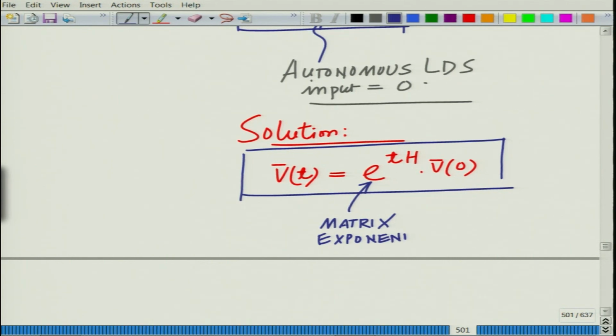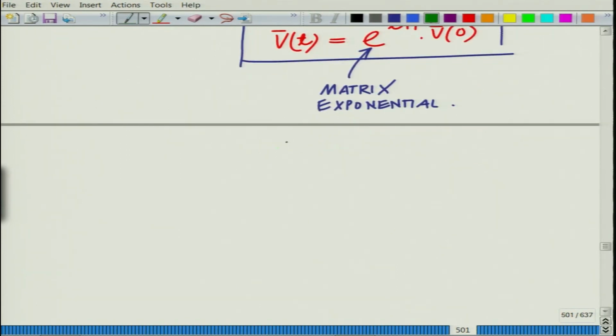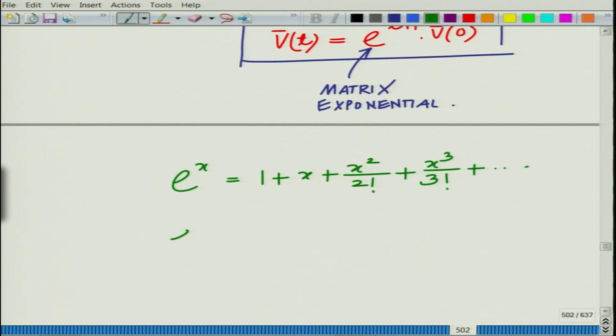The way it is defined is through the power series: e to the x equals 1 plus x plus x squared over 2 factorial plus x cubed over 3 factorial, and so on. e raised to tH is similarly defined as identity plus t times H plus t squared H squared by 2 factorial.